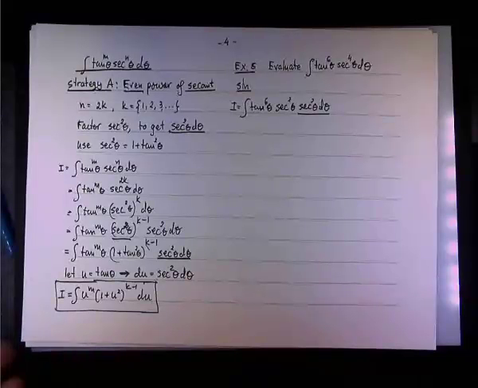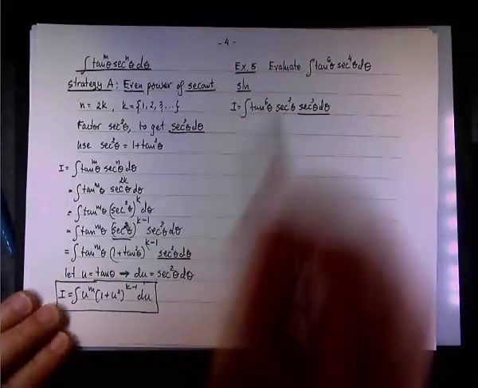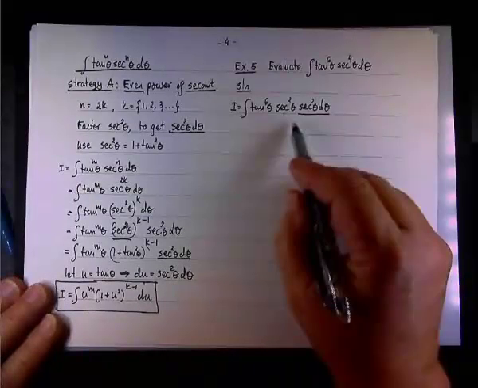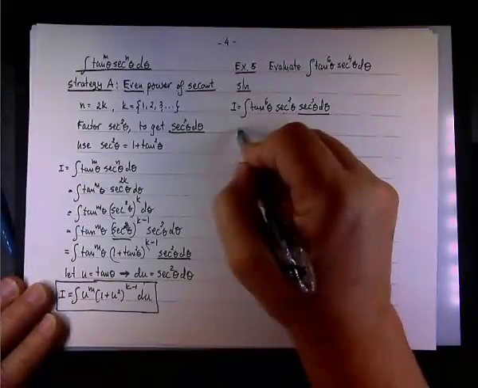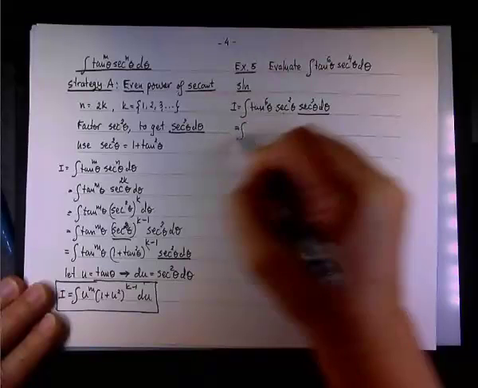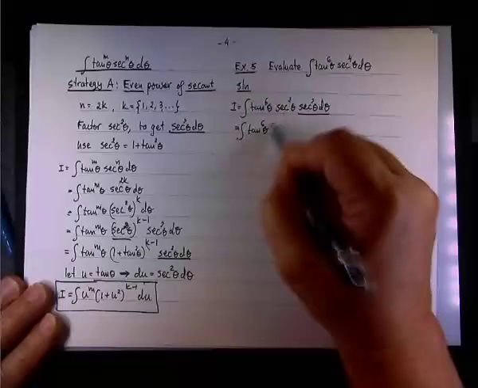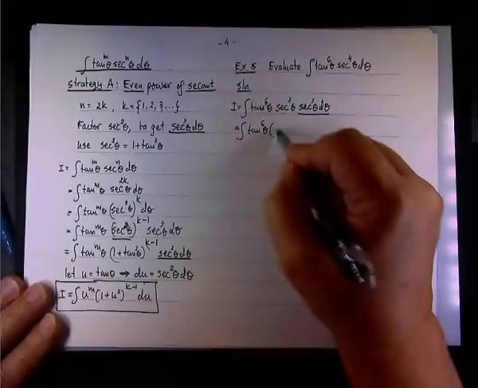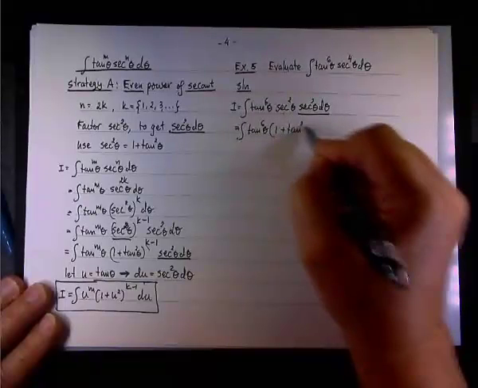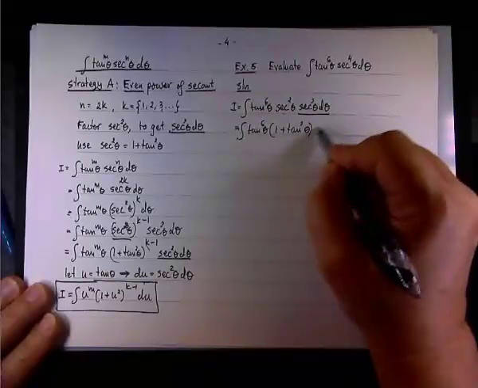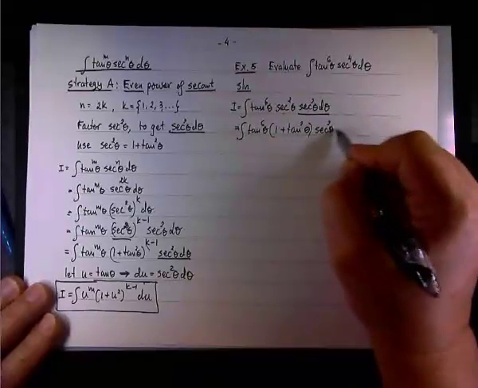This is my du. The next thing I want to do is replace this secant squared with 1 plus tangent squared. So one more step, I'll write tangent to the 6th. In here I have 1 plus tangent squared. And here I have the secant squared d theta.